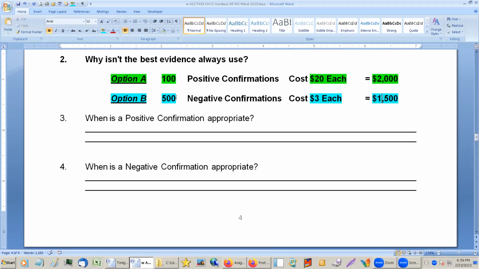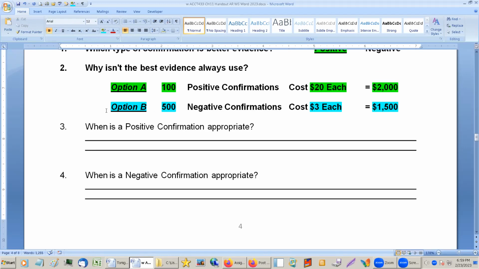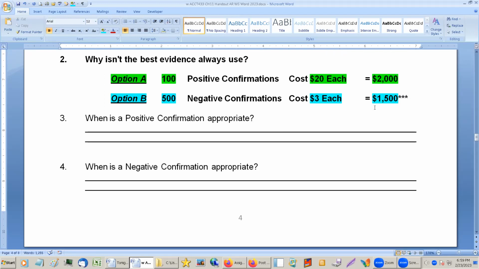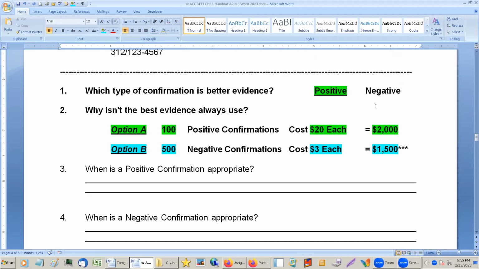So even though these negative confirmations are not as good as the positive ones, this is a market. I'll put a little star by it maybe. This is what you want to look at because you'll be just as happy, it'll cost less, and eventually, theoretically anyways, that's going to make it cheaper for the client.